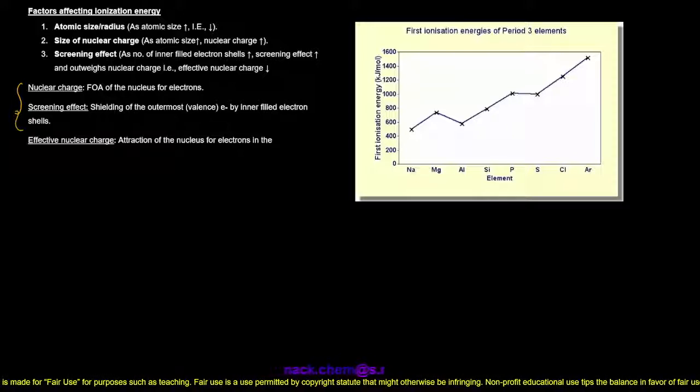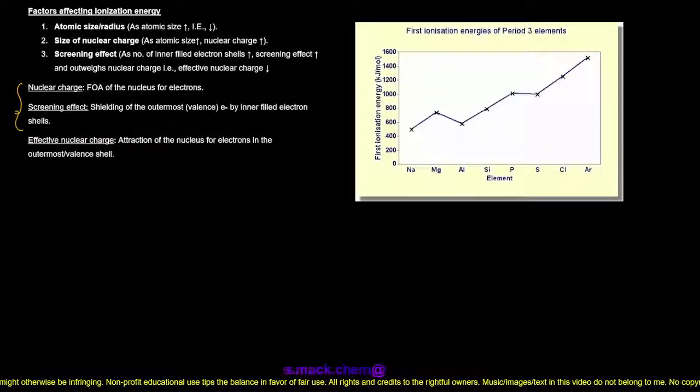As a result of this screening effect, the impact it has on the attraction of the nucleus for the outer electrons, we can then further go on to use a term called effective nuclear charge, where we can just specifically refer to the attraction of the nucleus for the electrons in this outermost shell or valence shell.